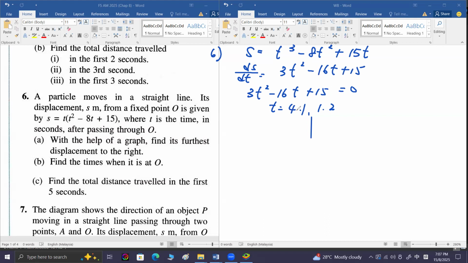Calculation, 4.1, I get negative 4.059. Okay, key again, calculation 1.2, I got 8.21. Okay, class?